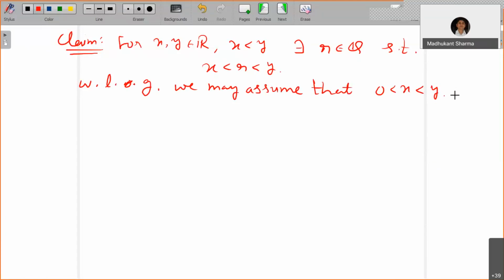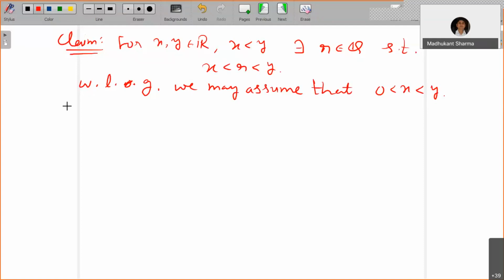If they are both negative, then you can multiply by minus and still work with a similar result, and then at the end you can multiply by minus. But if suppose x is negative and y is positive, then 0 is in between, and 0 is a rational number, so there is nothing to prove. So without loss of generality, we may assume that 0 less than x less than y.